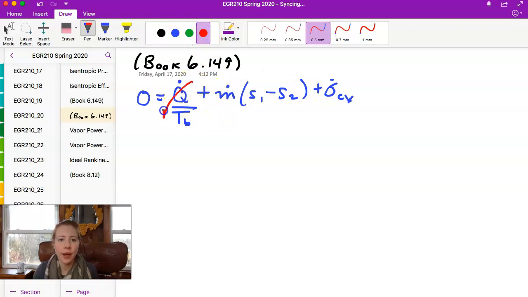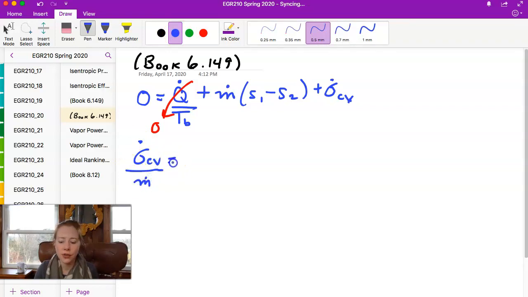Since this is adiabatic, Q is 0, and steady state gives us a 0 here. We want to express this on a mass basis, so we're looking for sigma dot over m dot. So let's set it up this way. Sigma dot CV over m dot is going to be equal to S2 minus S1.